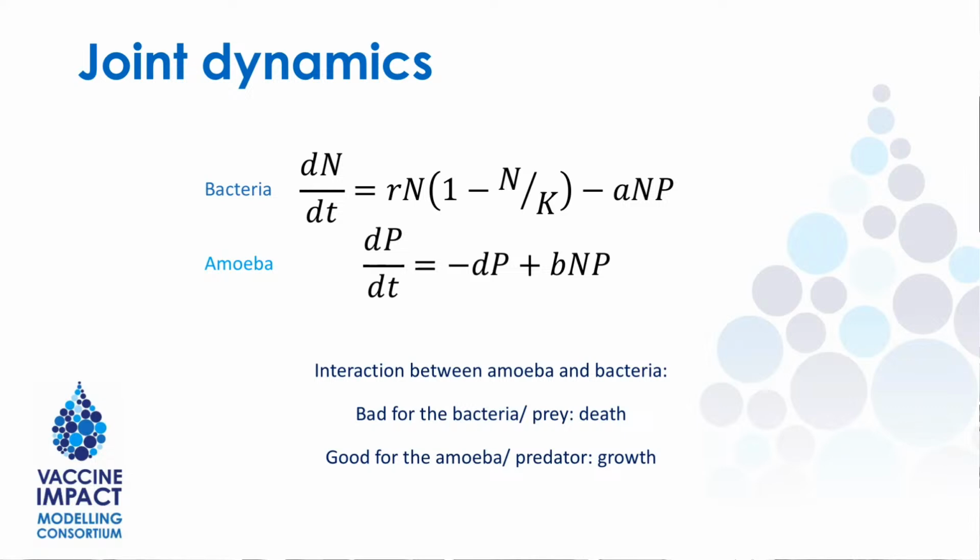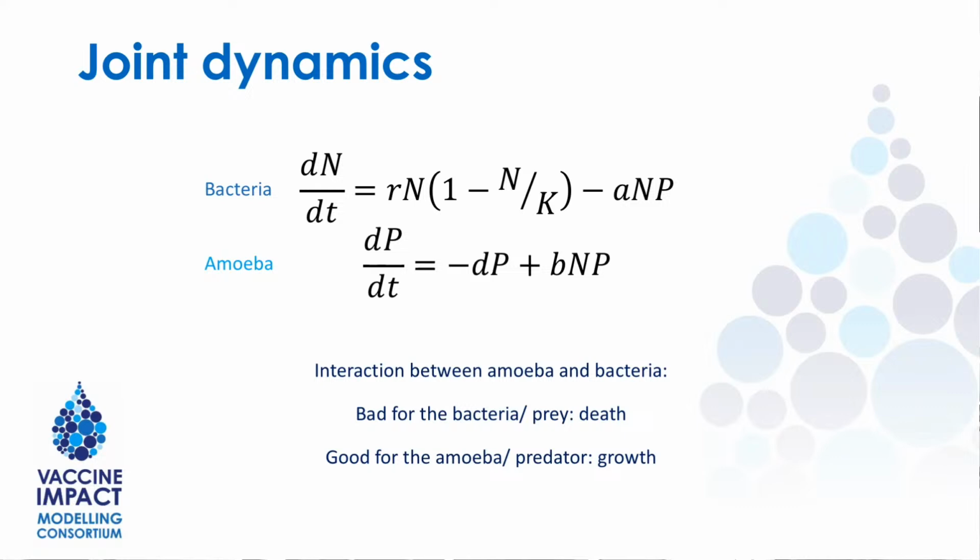A and B might be linked, these two constants, but we're not saying they're the same here. There might be some loss of energy when a predator eats a prey. It doesn't directly mean that we get a perfect one prey loss is one predator gained. We're not saying that. We're saying these could be different in our model.